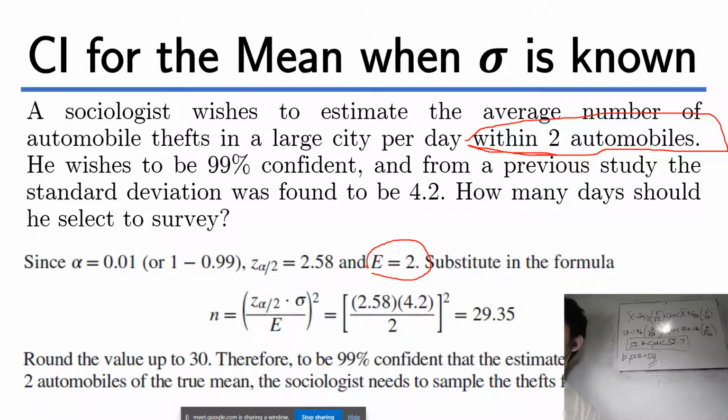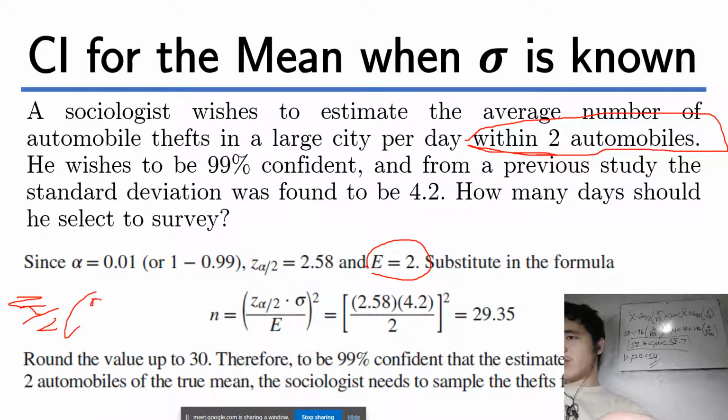Pag meron kayo nakikitang within na word, yun yung value ng E, or the margin of error. Yung mahabang ganito, ito yung value nun, Z alpha over 2, sigma over square root of n, no? That is equal to E. Yun yung margin of error, okay? Basta pag nakita kayo ng within, o kaya pag meron kayo nakita, hindi lalagpas, in English hindi lalagpas ng 5%. Yun na yung margin of error natin, okay? Tandaan nyo yun.